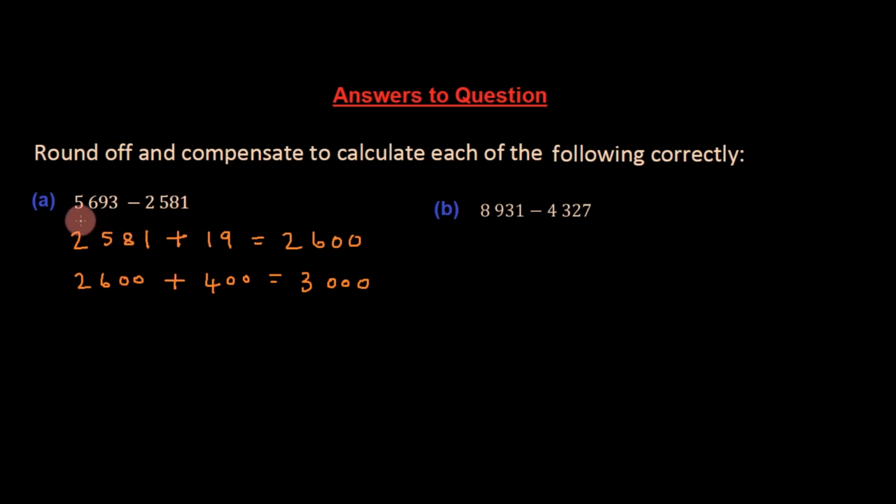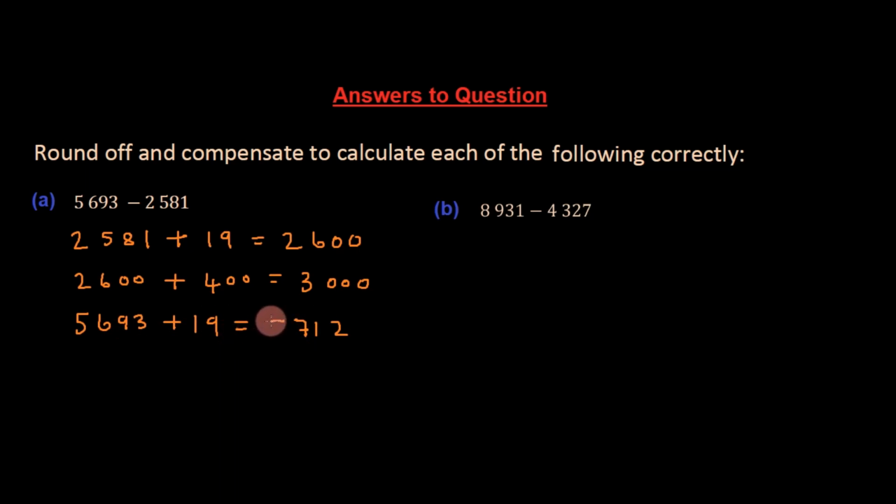So we also add it to the 5693 now in 2 steps. So 5693 plus 19, and we can just do the calculation. 3 plus 9 is 12, carry 1. And then 9 plus 1 is 10, plus 1 is 11, carry 1. And then 1 plus 6 is 7.